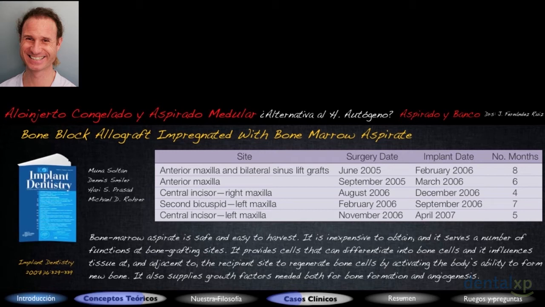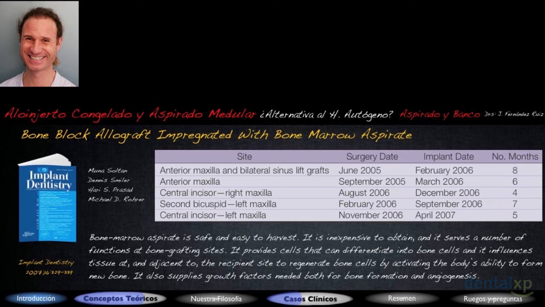It will provide cells that can differentiate into bone cells, and influences the tissues adjacent to the recipient site to regenerate bone cells by activating the body's ability to form new bone. It also supplies growth factors needed for bone formation and angiogenesis.